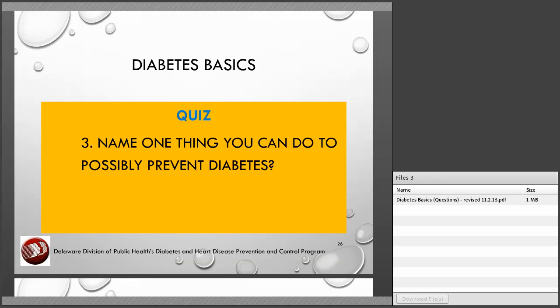We talked about body fat proportion to your body. The truncal obesity, or the obesity that you find most commonly around the middle of your waist, is probably the most problematic. Another thing that you can do that really prevents diabetes from happening is to exercise.